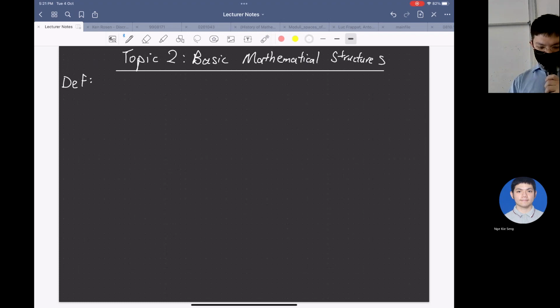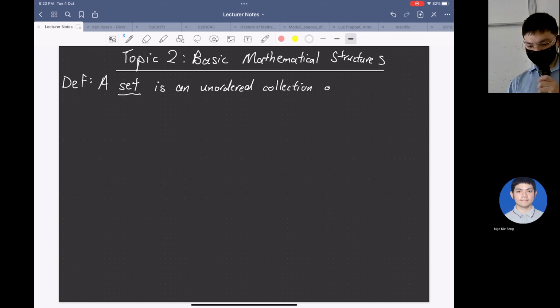So definition. A set is an unordered collection of distinct objects. And then these objects, we will call elements of the set, or members.